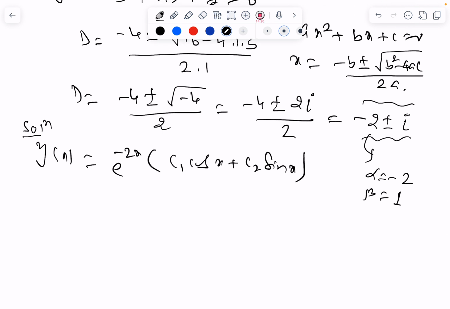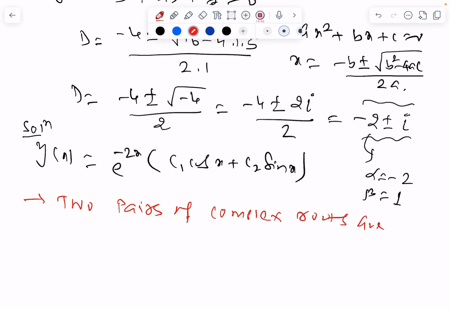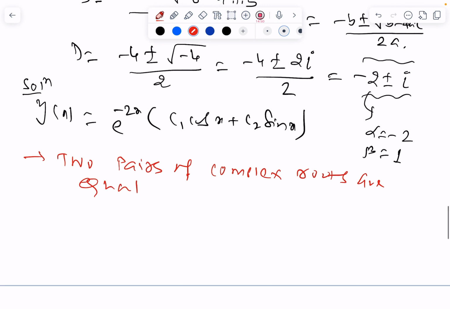It may also happen that two pairs of complex roots are equal. Like m1, m2 are alpha plus i beta, and m3, m4 are equal to alpha minus i beta.